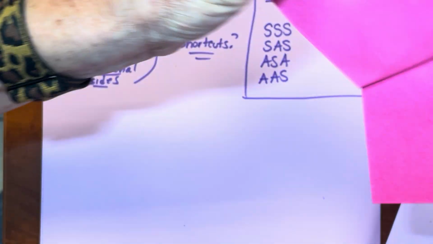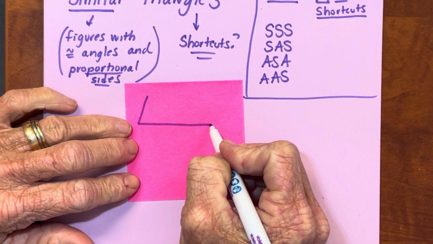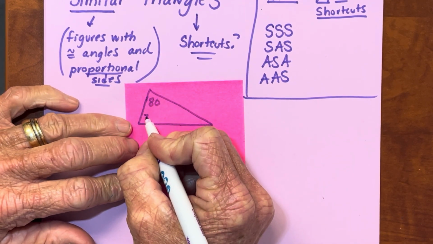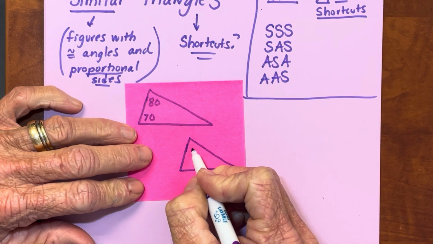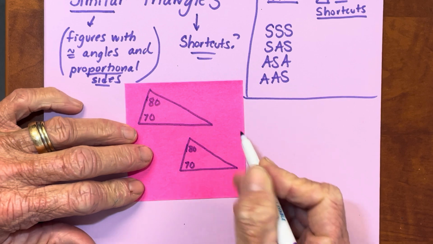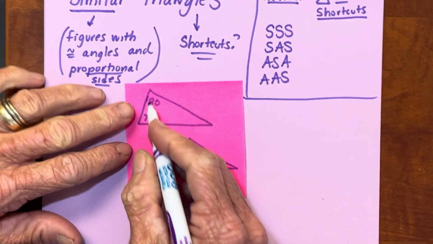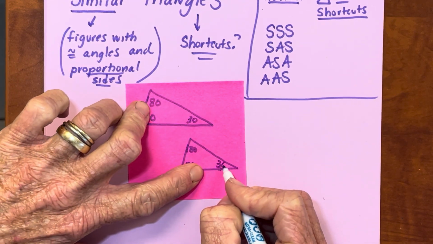However, again, just doing a little side work, if one triangle has angles of, say, 80 and 70, and another triangle has angles of 80 and 70, you might argue, well, what about the third angle? Well, we could do the math. That's 150. This would be 30, and the same thing here.